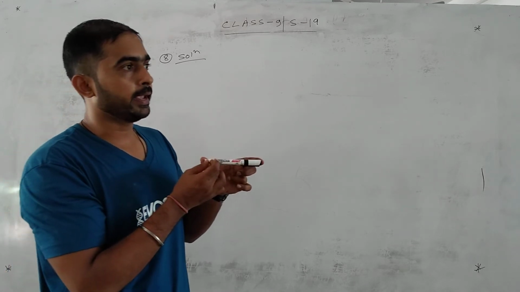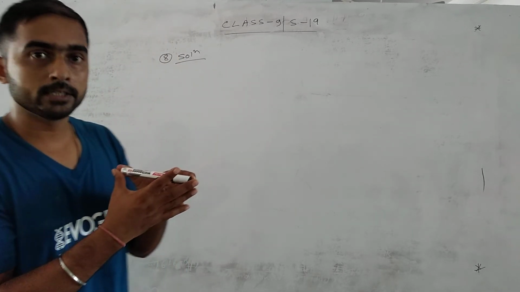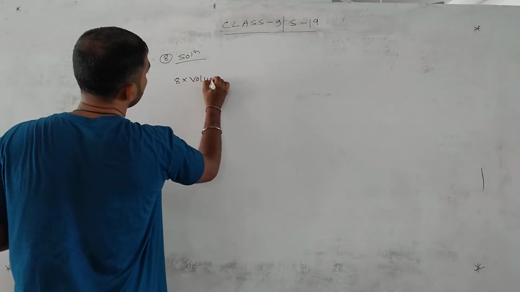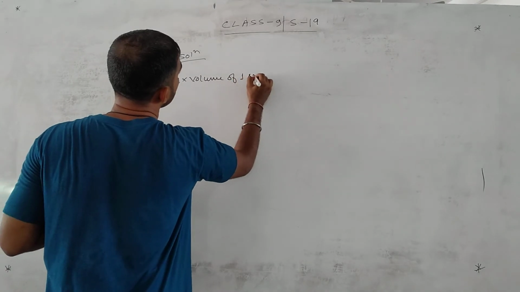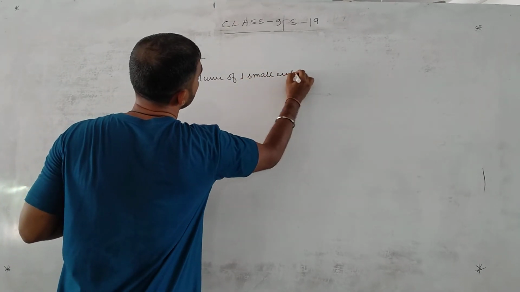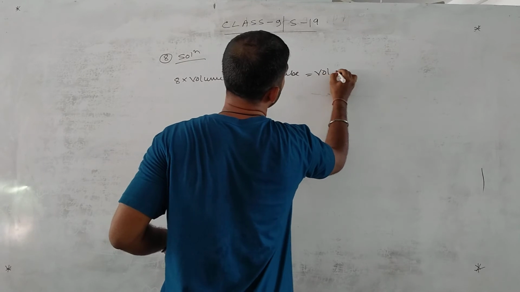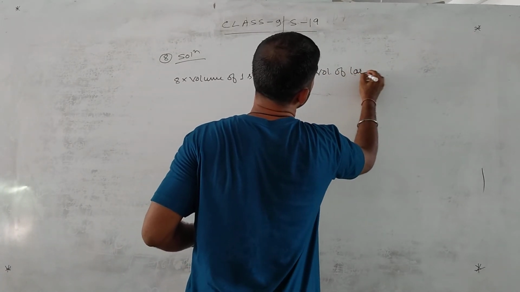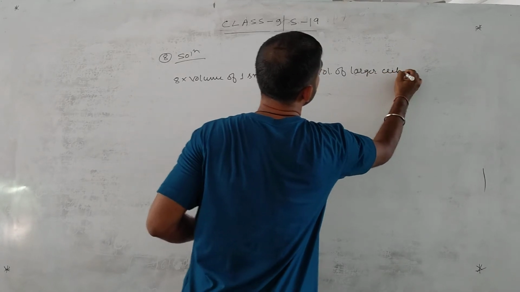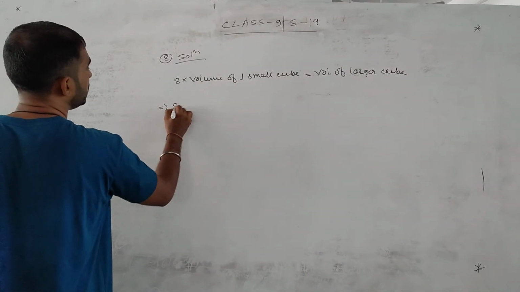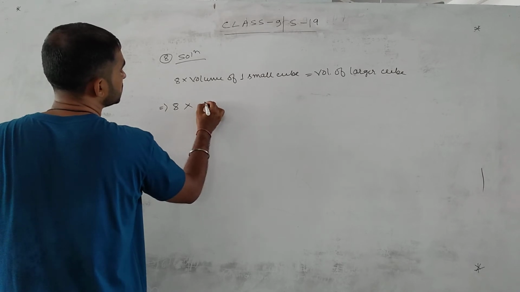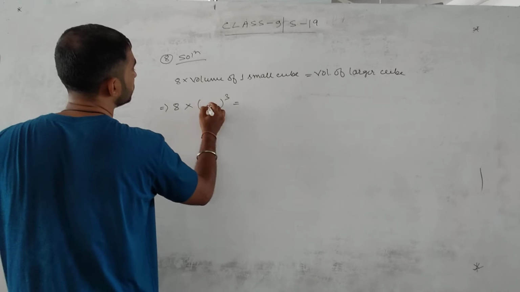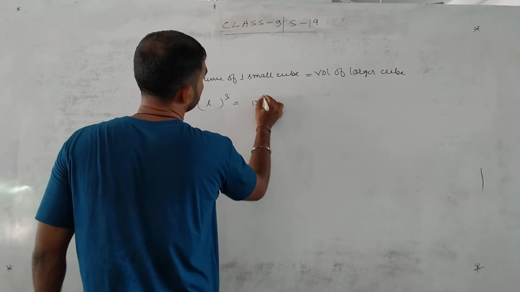See, I have made 8 small cubes from this larger cube. So the volume of the 8 cubes is equal to the volume of the larger cube. So 8 into the volume of one small cube equals the volume of the larger cube. 8 into L cube, the small cube, and this is 12 cube.